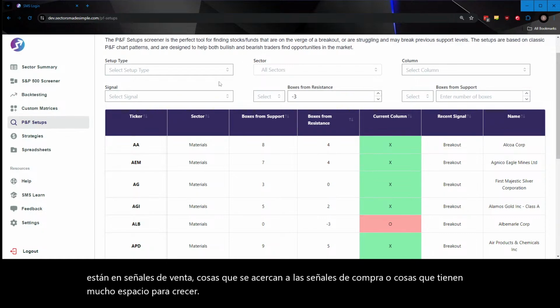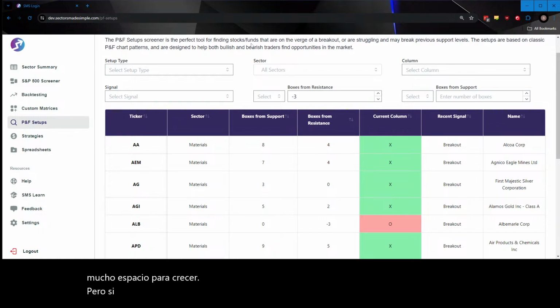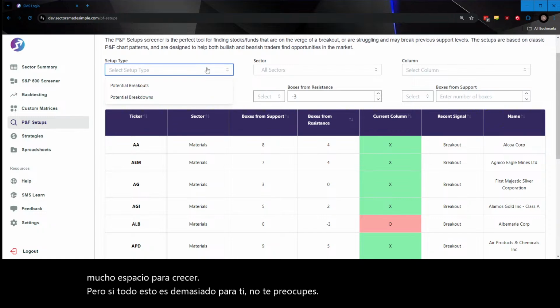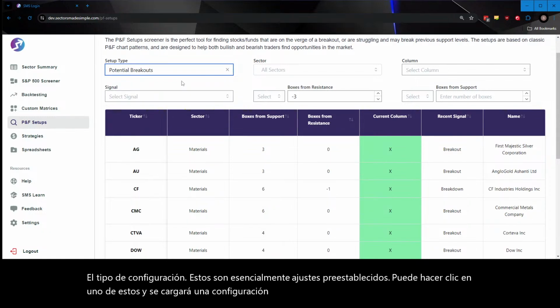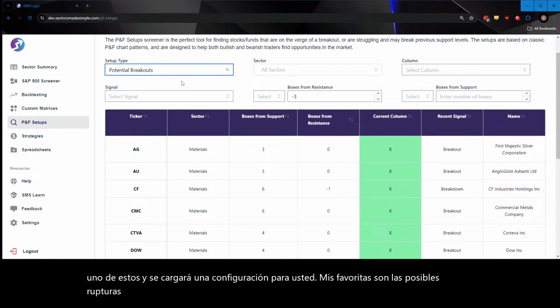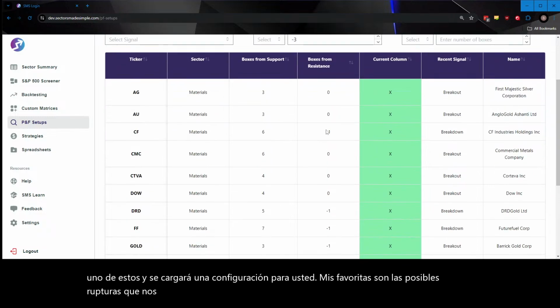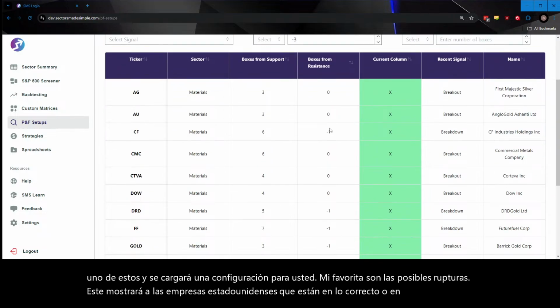But if this is all too much for you, don't worry. The setup type, these are essentially presets. You can click one of these and it will load up a setup for you. My favorite are the potential breakouts. This one will show us companies that are at or right below their buy signal.